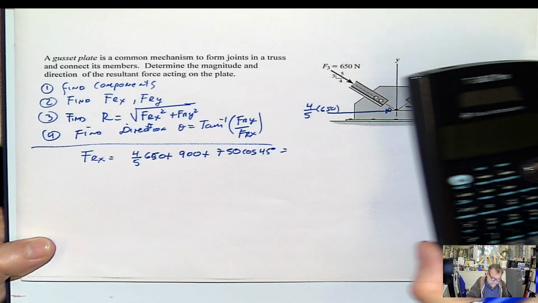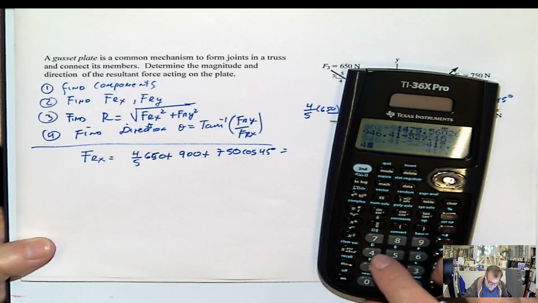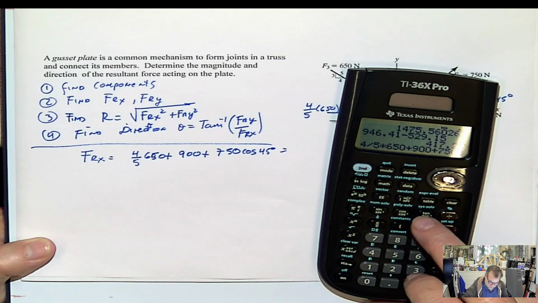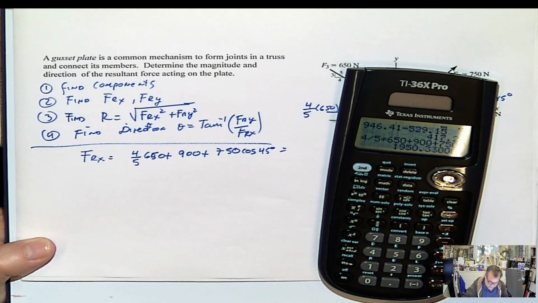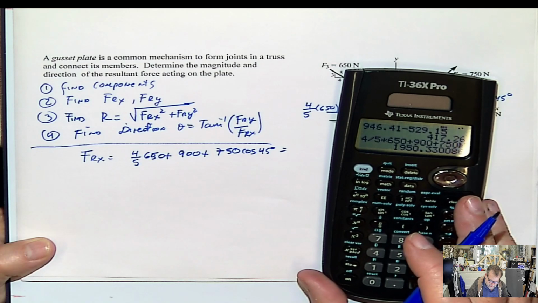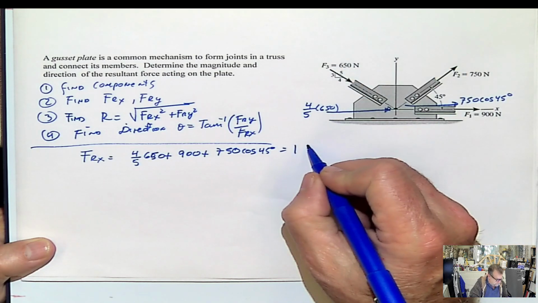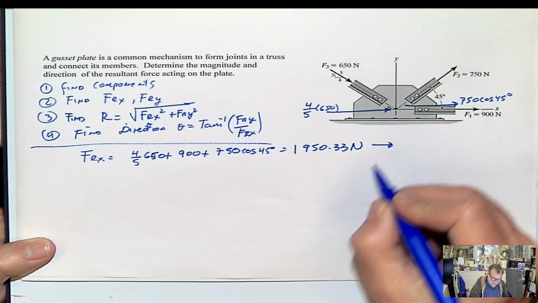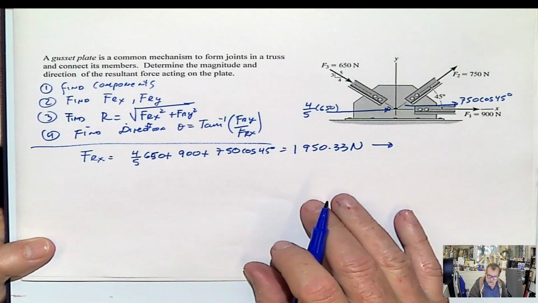Let's do that. 4/5 of 650 plus 900 plus 750 cosine 45, 1950.33 Newton. And remember, it's positive. That means that it's going to be acting to the right.